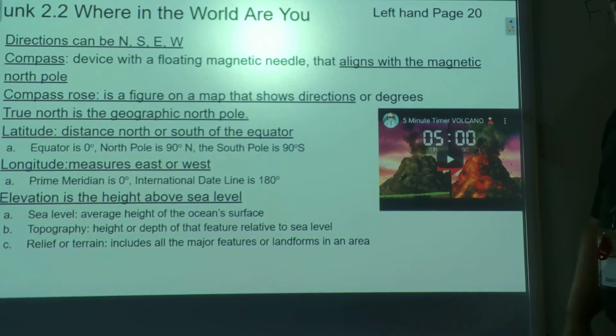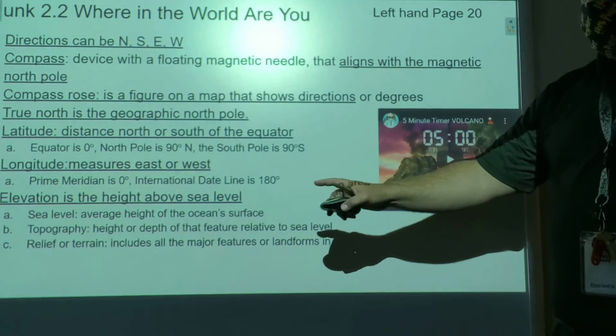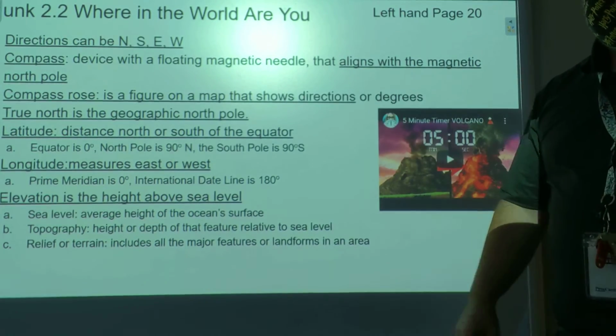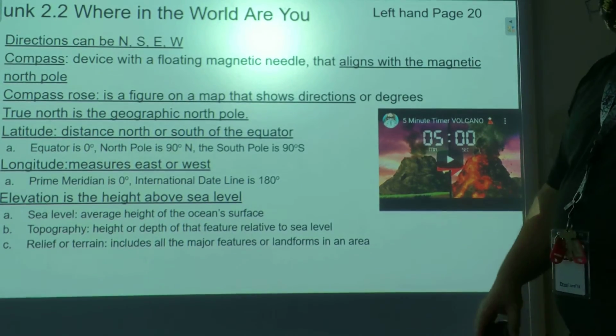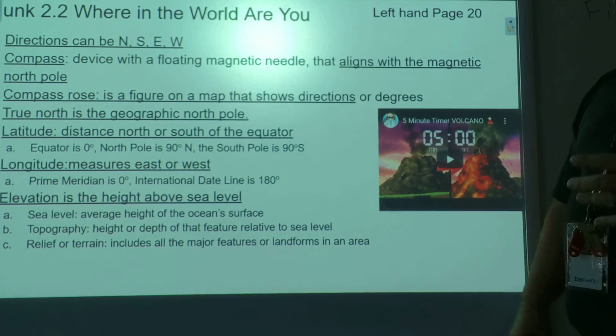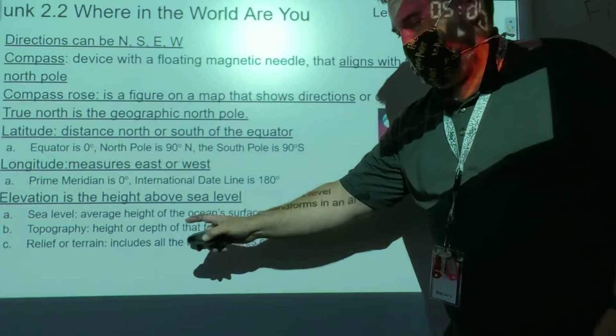So it's how tall a mountain is or how deep a valley is. Relief or terrain is the topography of an area. So if we said Western North Carolina is really mountainous, then that would be the terrain or the relief. If we're talking about Eastern North Carolina being very flat, that's the relief or the terrain.